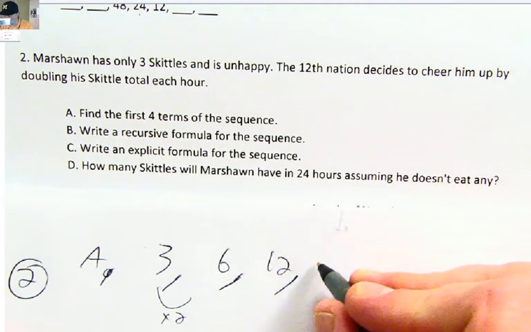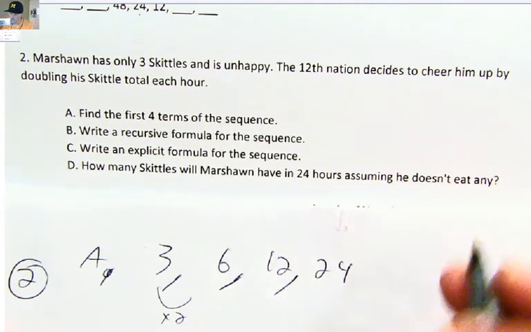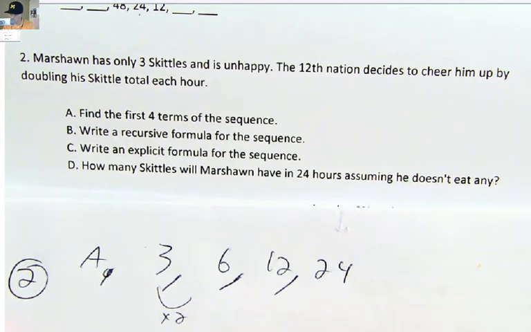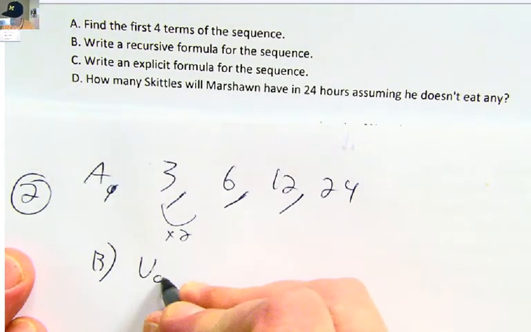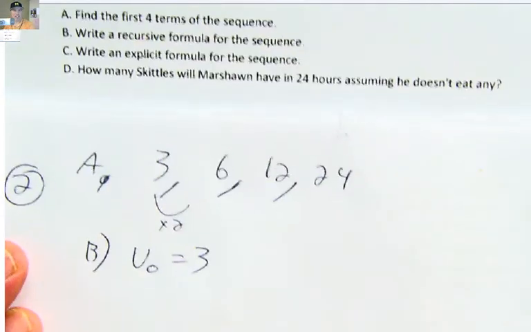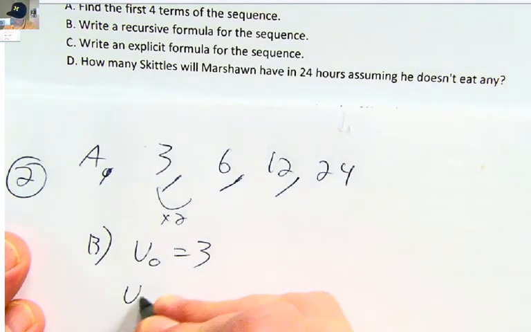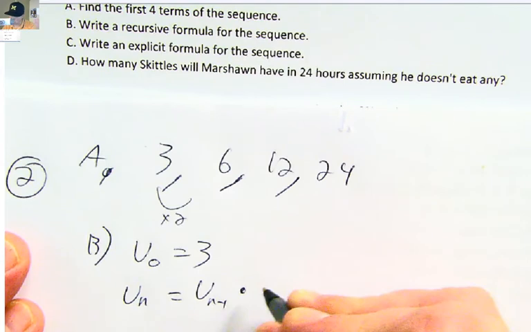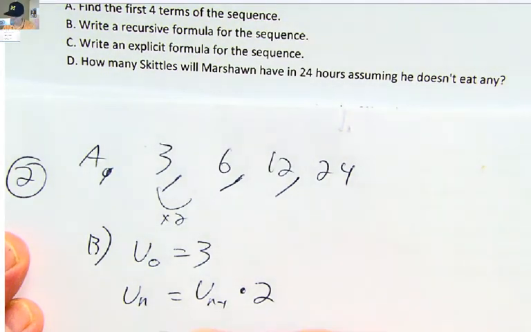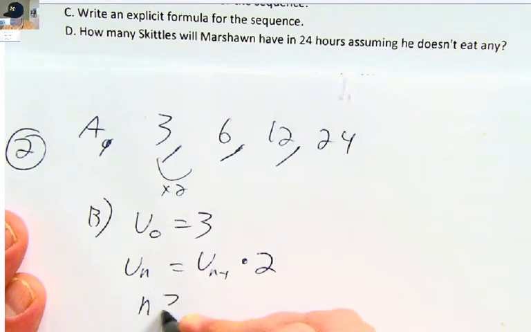You multiply that by 2, you'd get 24. And that would be the first 4 terms of the sequence. A recursive formula. Right now, that's U0 representing now, we have 3. But each hour, you're doubling, so you're multiplying by 2 with n greater than or equal to 1.